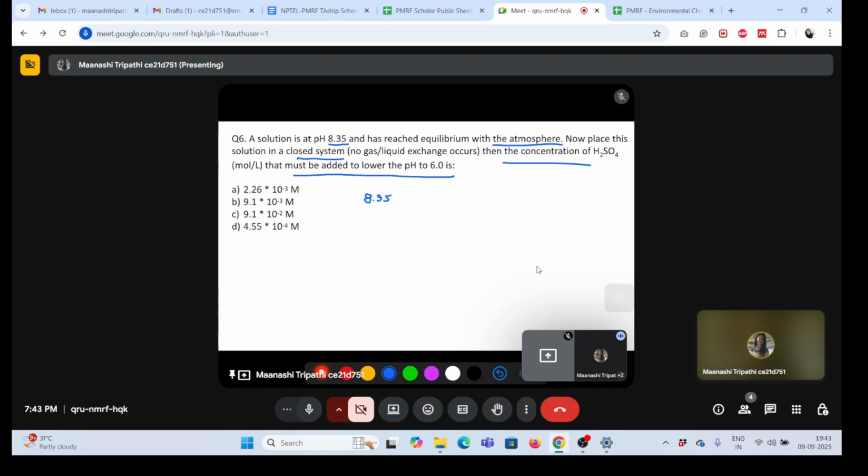First, it is equilibrated with the atmosphere, meaning CO2 is coming in. So there will be some change in pH, right? So this was the first system. Now it has come in contact with the atmosphere. Now we are closing it. Now there is no contact with the atmosphere and the pH is further brought down by using H2SO4.